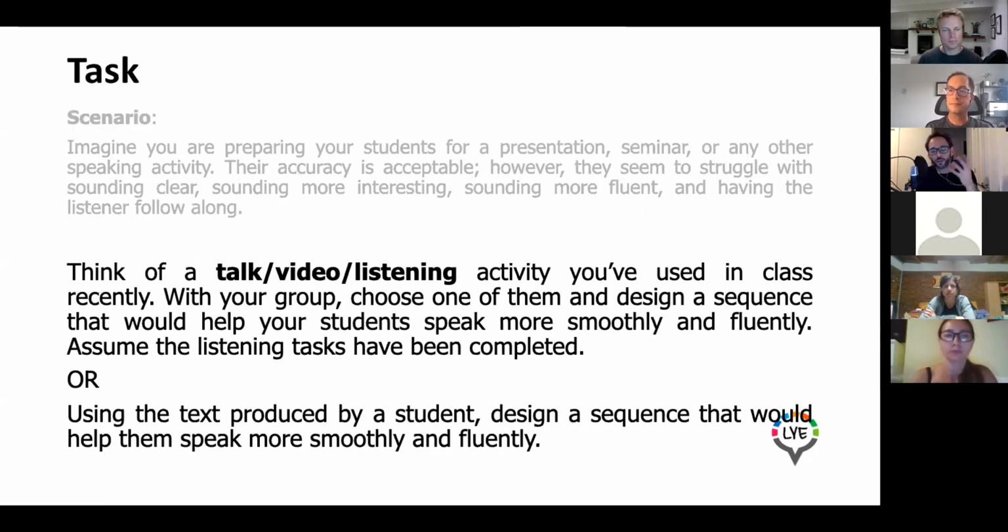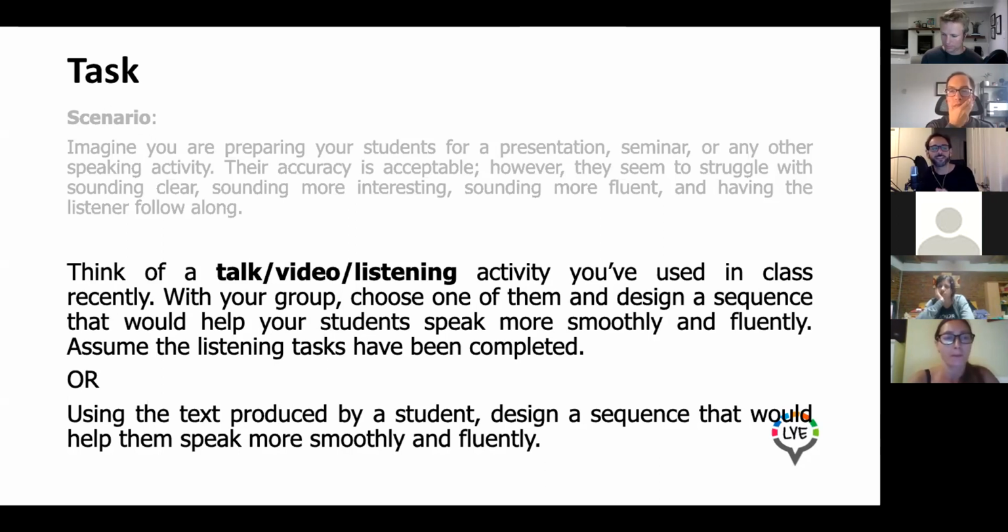What I want everyone to do as we are going through this first task is, I'm giving you two options. First, maybe think about a talk or a video or a listening activity that you have used recently, and perhaps talk about what you did in order to help your students speak more smoothly and more fluently.